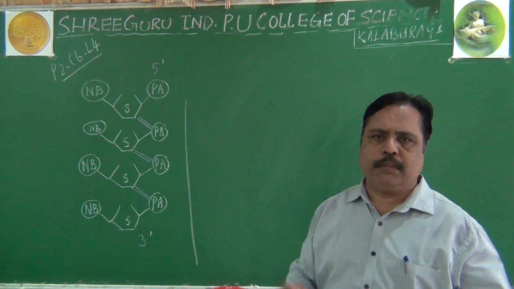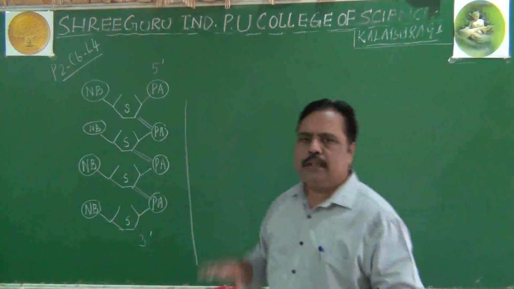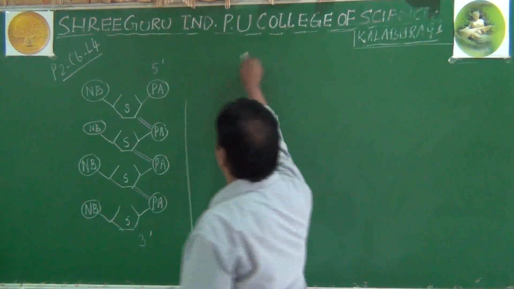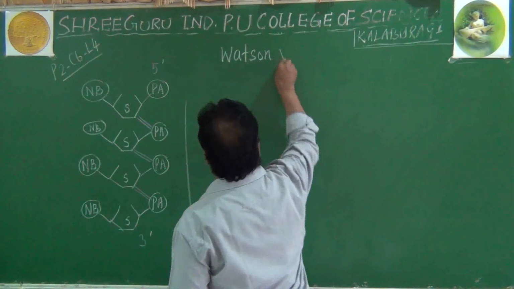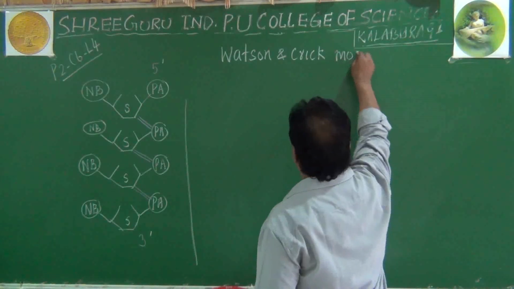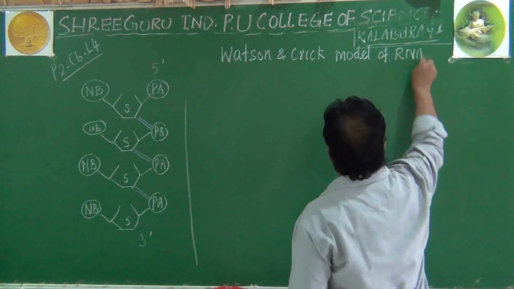So by taking all those ideas, Watson and Crick proposed the structure of the DNA molecule. So this is the Watson and Crick DNA model. An important 5-mark question.